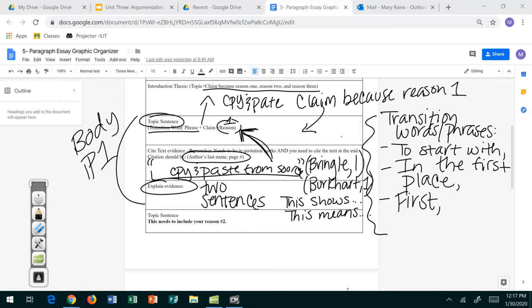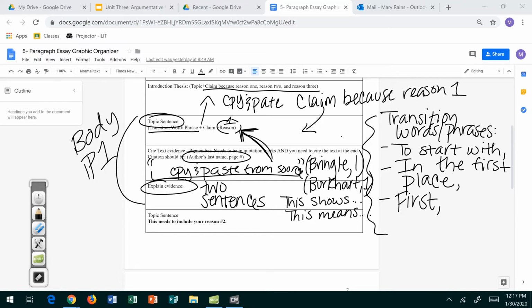Well, the explain evidence is where you really drive home the point you were trying to make. In case somebody doesn't think like you or doesn't agree with you, this is where you really explain yourself or explain why this is the right answer. So that's why I say it's like putting a bow on it. It's making it nice and neat for the person that's going to be reading it. And that's your first body paragraph.